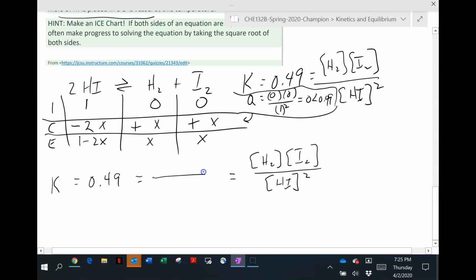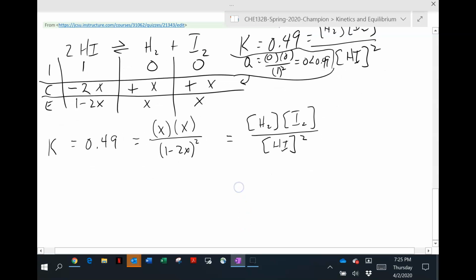And so the values we have at equilibrium is x times x, that's H2 and I2, over 1 minus 2x, which we square because we have a coefficient of 2, right, for HI. Now, this is a quadratic equation. It looks a little threatening, but if we focus on this, we might notice something. 0.49 is equal to x squared over 1 minus 2x quantity squared.